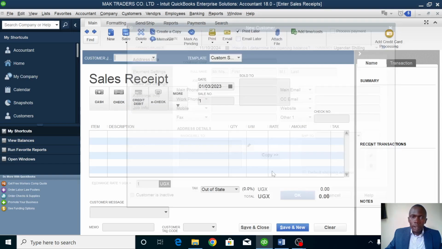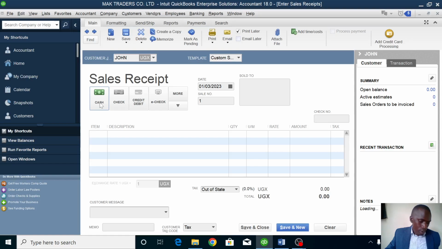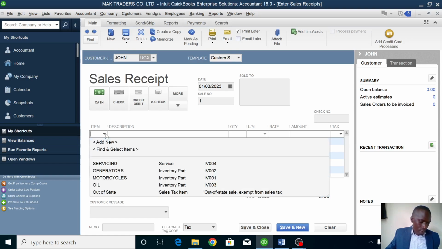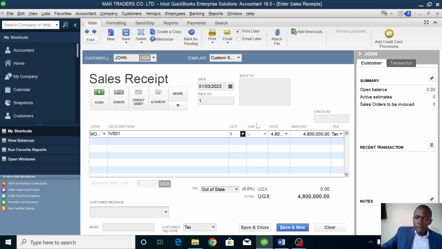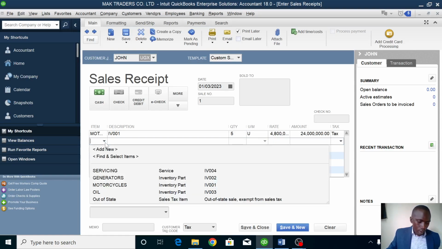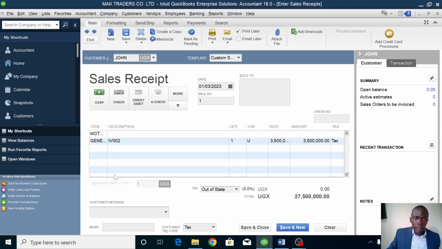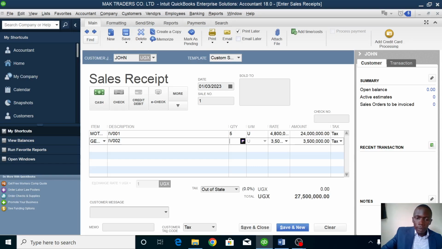So we say okay. So John paid cash. The item was motorcycles, 5 motorcycles. Then he went on and bought 3 generators. So we can save and close.